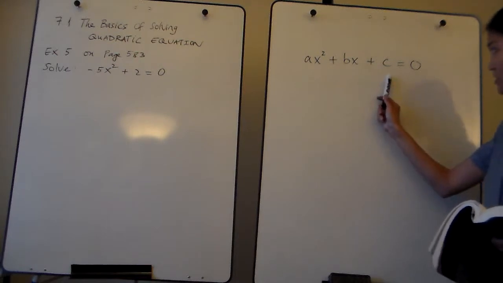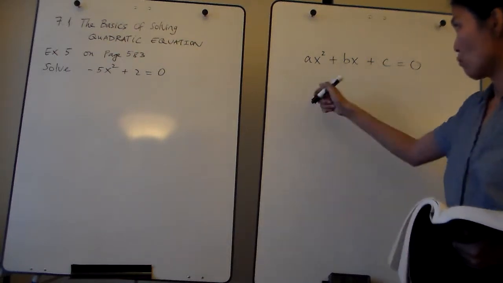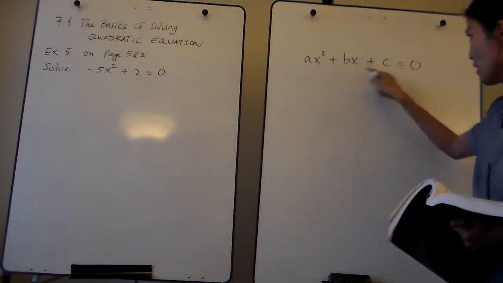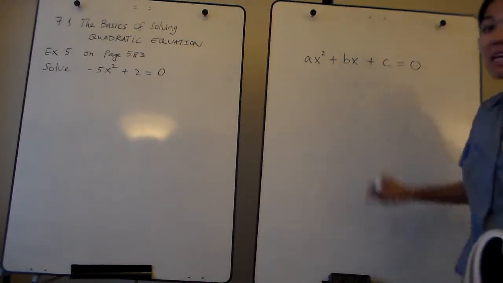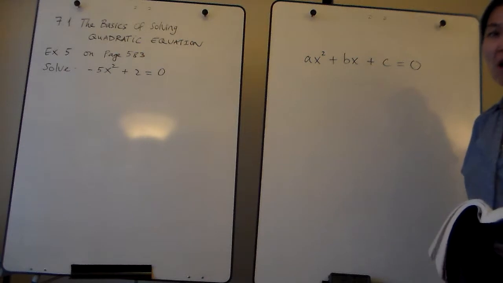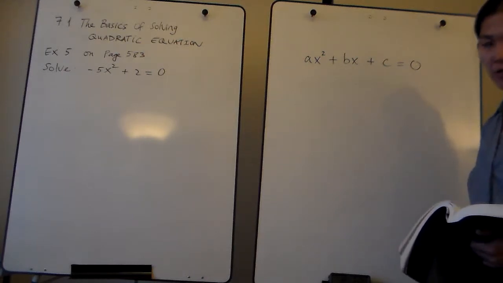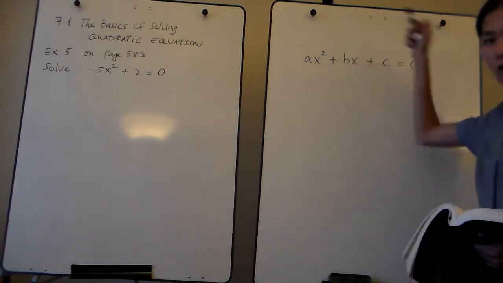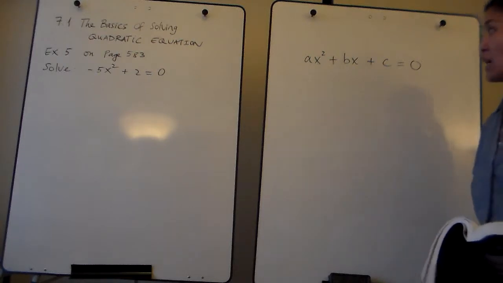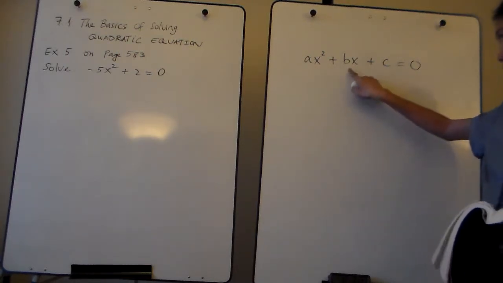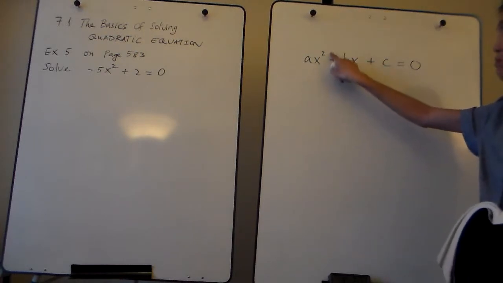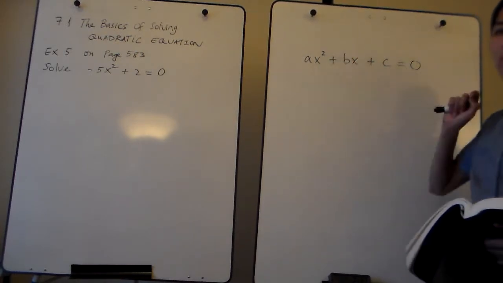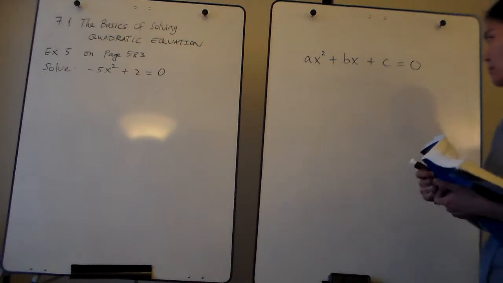We do have the constant c here. The reason we don't have this term is because b is equal to 0, which is fine. It's still a quadratic equation. It does not have to be complete like this, but the minimum requirement is that you must have the second power to be a quadratic equation.